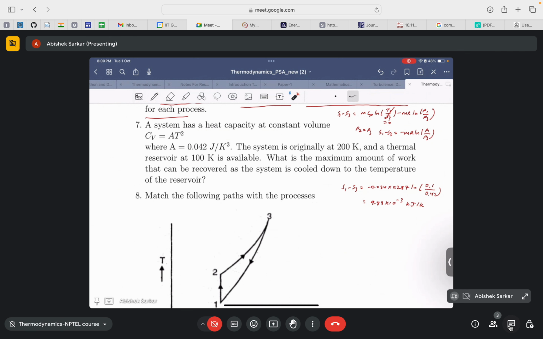They're just saying that there is a heat source at 200 Kelvin and a heat sink at 100 Kelvin, and they have given the value of the specific heat at constant volume, Cv. Now they're asking what is the maximum possible amount of work that can be achieved for a cycle that operates between 200 Kelvin and 100 Kelvin. So let us go to the solution.